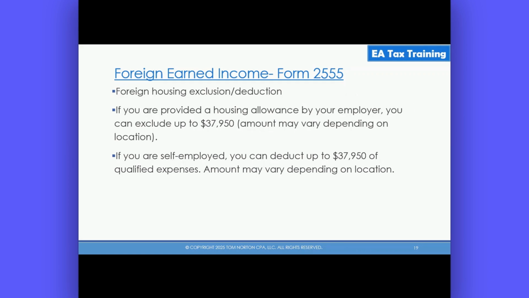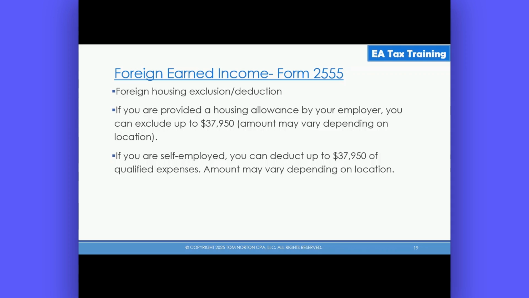So you have to meet those same rules that we just talked about. So if you are provided a housing allowance by your employer, then you can exclude up to $37,950. That amount can vary. So the IRS does publish lists of countries. Some of the countries have a higher cost of living, so they actually give you a larger amount. But for the exam, the amount you want to remember is this $37,950.